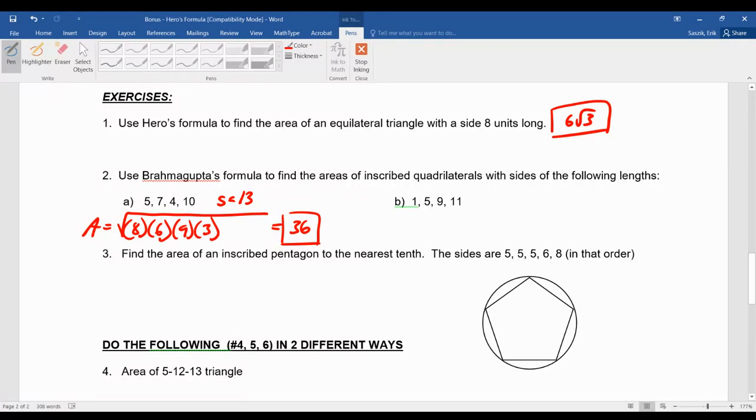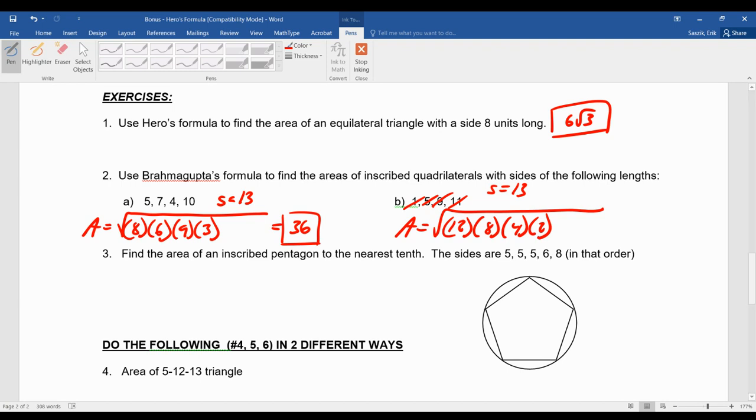Just so you're aware. This one here, again, you can add these up easily. Obviously, that's 20, 26. So we have semi-perimeter again of 13. And this would be 13 minus 1. So 12 times 8 times 4 times 2. And again, the numbers are a little bit big.